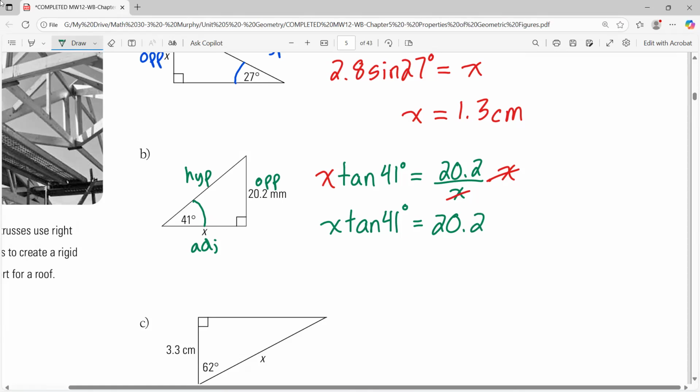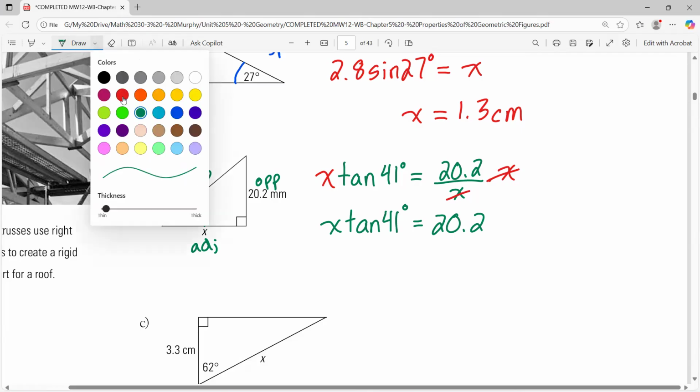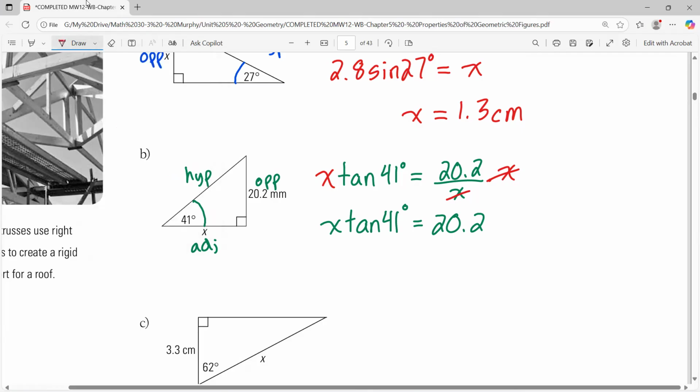Okay, from here, we have to get rid of that tan 41, and it's being multiplied to the x, so we have to do the opposite operation to both sides, which is division. So tan 41, and do this to this side. So x equals 20.2 divided by tan 41.